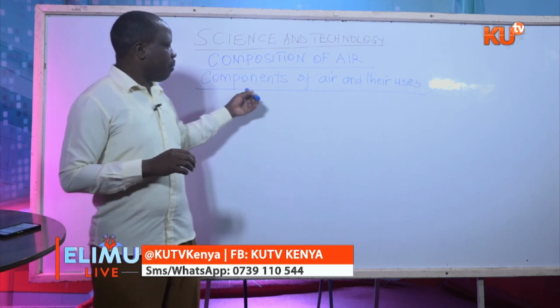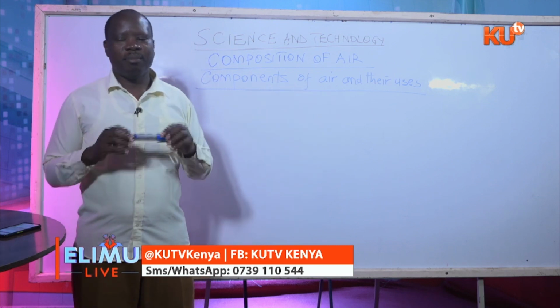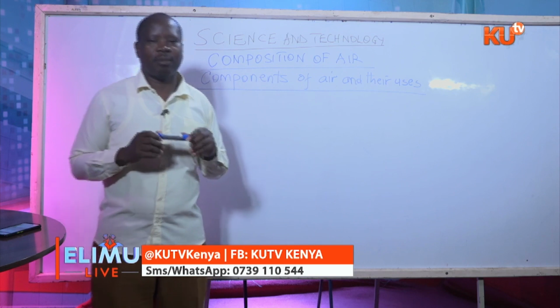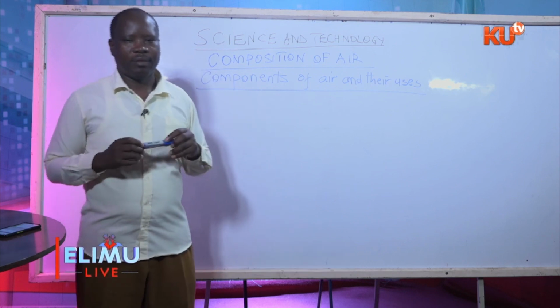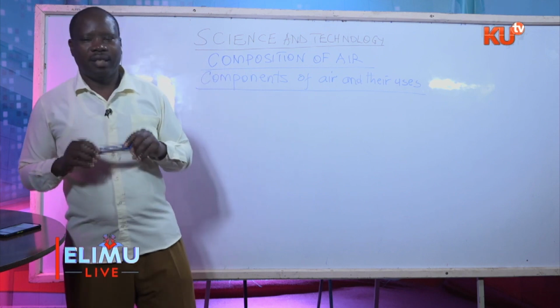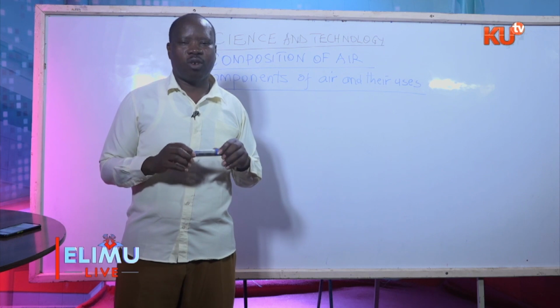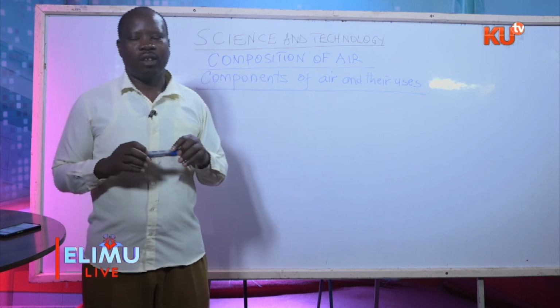Now, under components of air, as I've said earlier, it means the things or the items that make up air. What are these that we refer to as components or composition of air?